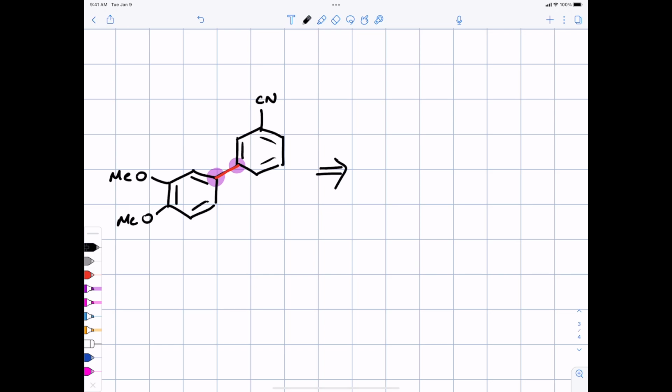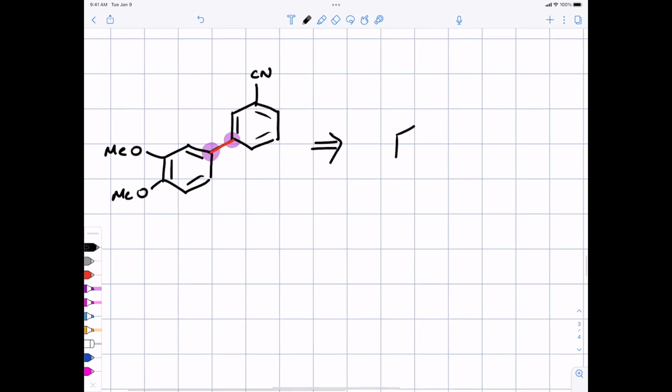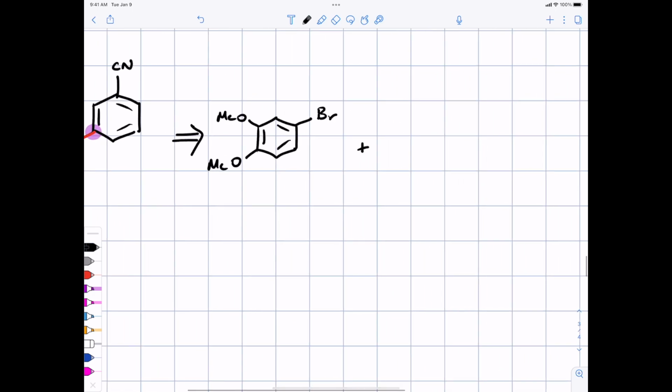If we're thinking backwards in terms of the Suzuki reaction, one option would have been to put the halide here and then over here to have the boronic ester.